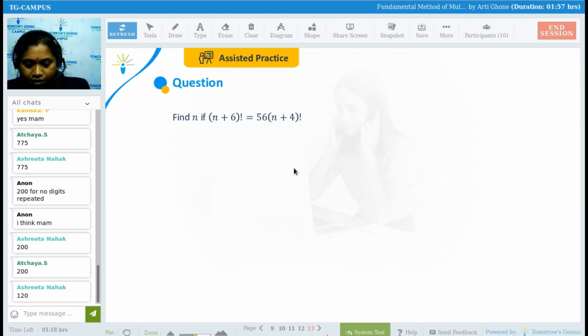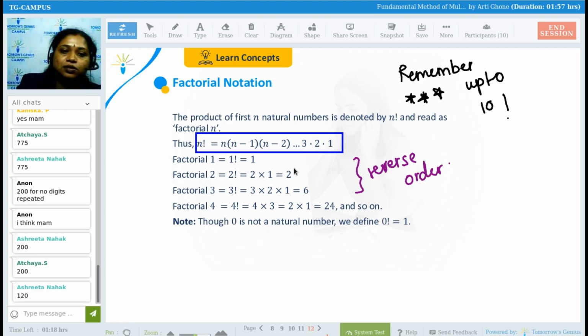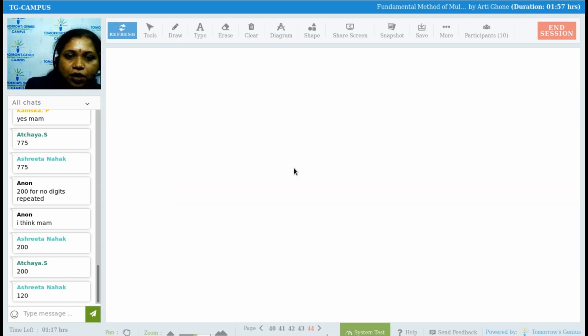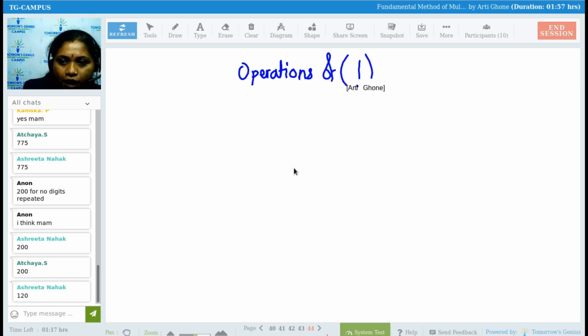Now, the next one. Before we calculate, I just want to suggest that there are some operations regarding factorials that were not included in the PPT. I just want to explain it on the board. Okay. So see, operations of factorial.